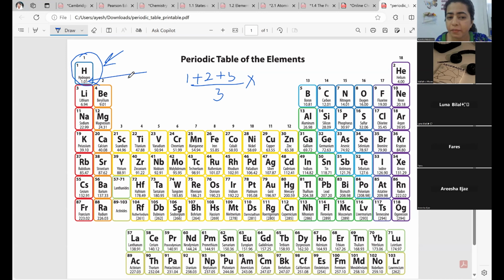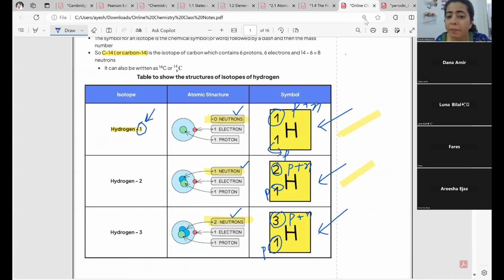Miss, can you explain it? I don't understand. What do you mean by average? See, this hydrogen has mass number 1, this has 2, this has 3. Now there is a confusion: which one should we write on the periodic table? All 3 are equally important. So we have to take the average of their mass numbers, and then write that one average in the periodic table.